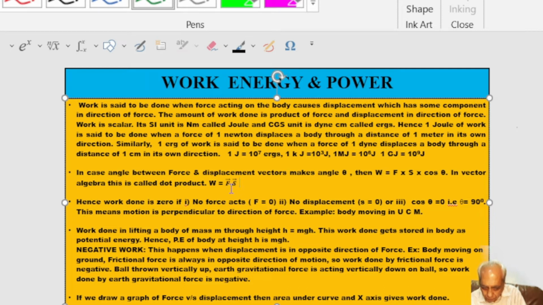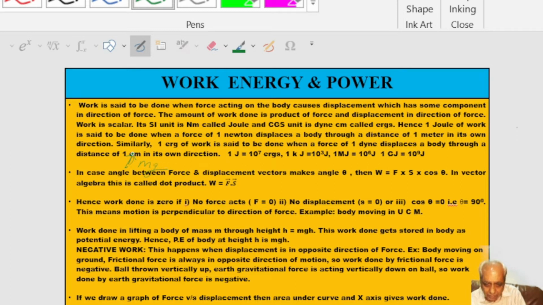Okay. Now if a person is lifting a body, the body was here, and he has lifted it here vertically. So when a person lifts a body, what is the force acting down? mg. So what force does he have to apply? mg.